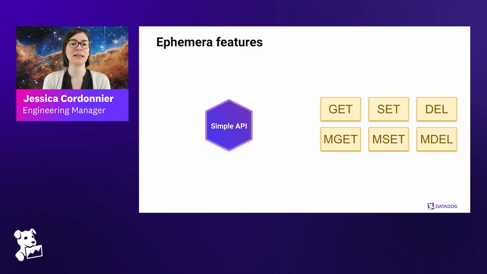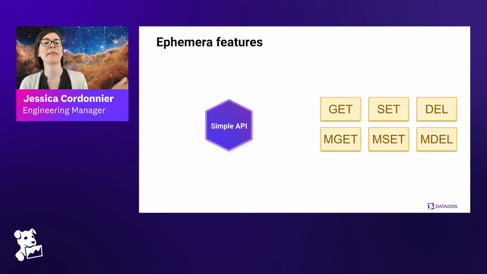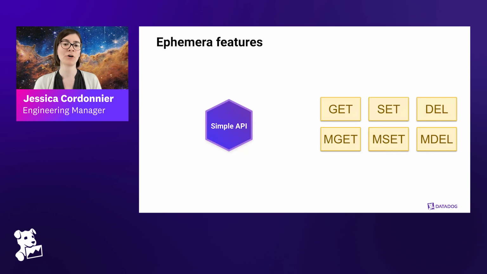Actually, even delete and many delete are only used by about 5–10% of our users today, so it's almost a nice to have. One thing that's interesting to mention here, there is no scanning functionality. In the context of Datadog, our cache is never used to scan anything.